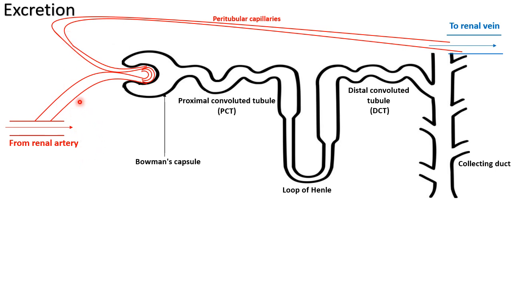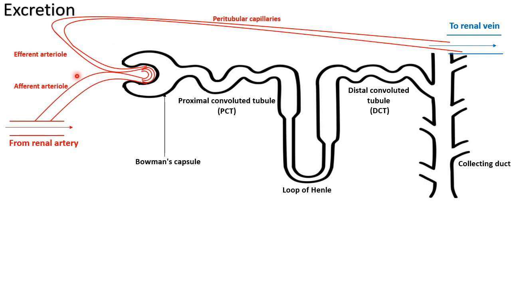The arteriole that supplies the blood to the kidney, or to the nephron, we call the afferent arteriole. And the arteriole that drains the blood is called the efferent arteriole. As we can see, the afferent arteriole is more dilated than the efferent arteriole.